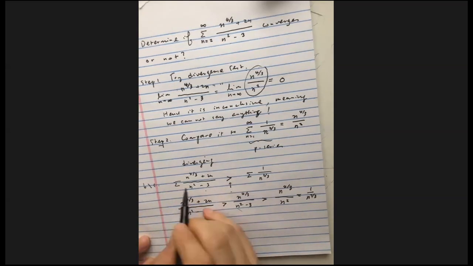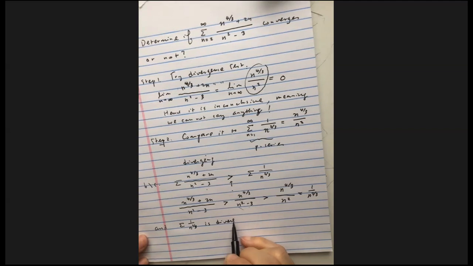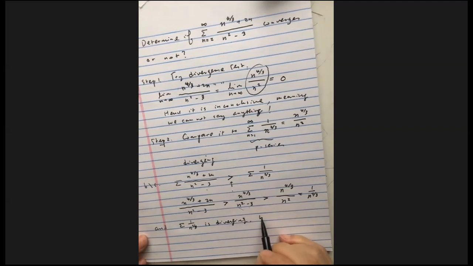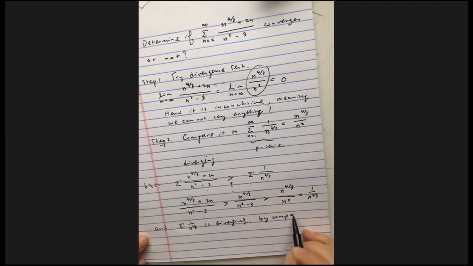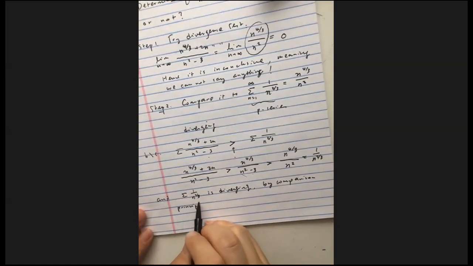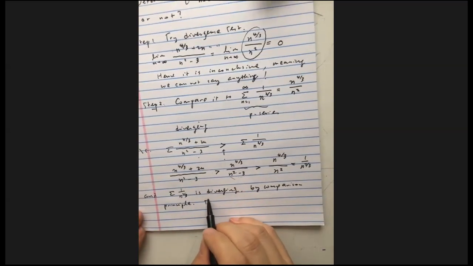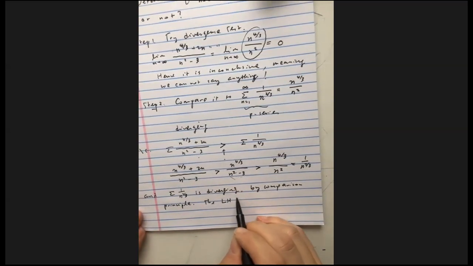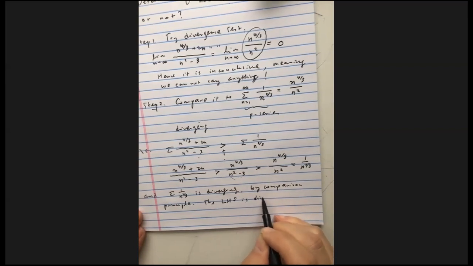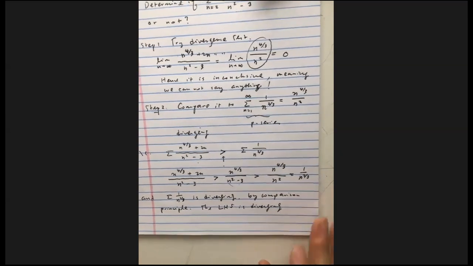So because we have these, and the summation of 1 over n to the 2/3 is diverging, by comparison principle the left-hand side is diverging. Does this make sense? How I finished this problem?